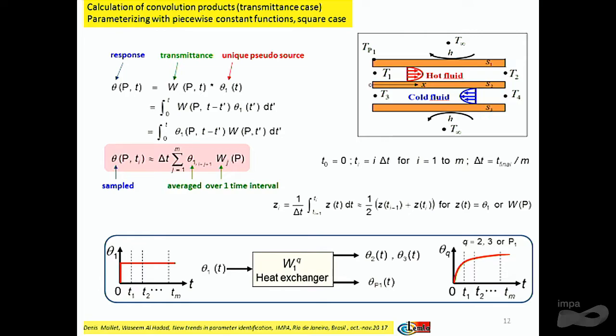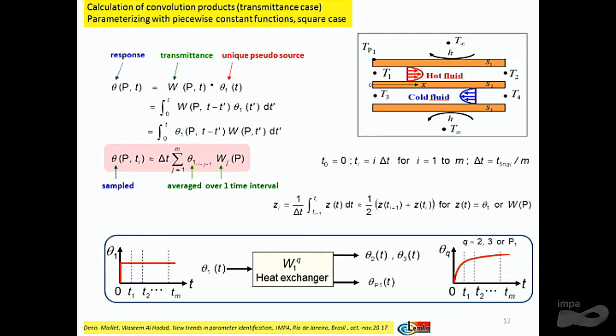So for either W, the transmittance, or for the pseudo source, we will consider the average over the discretization time. One simple way to calculate this average is just to sum the local sampled function at 2 adjacent times.